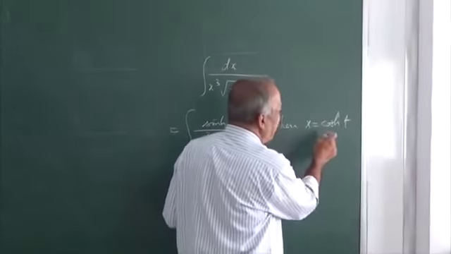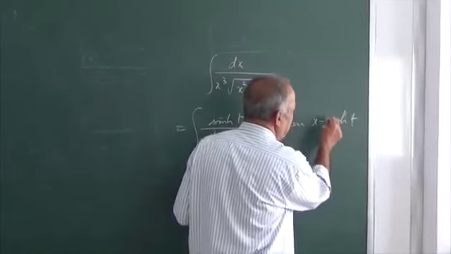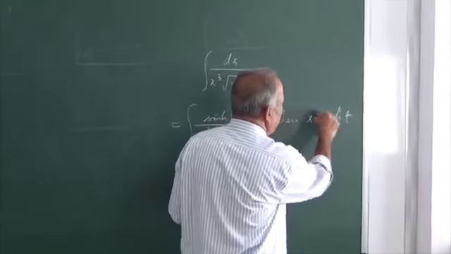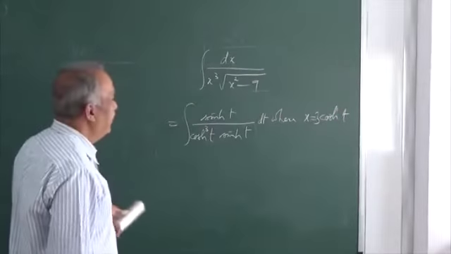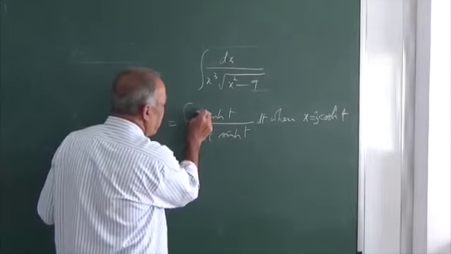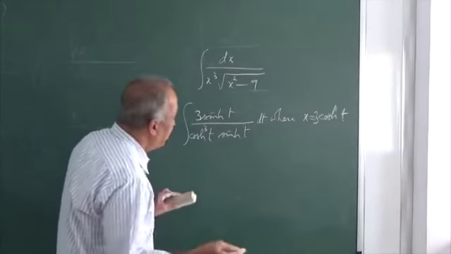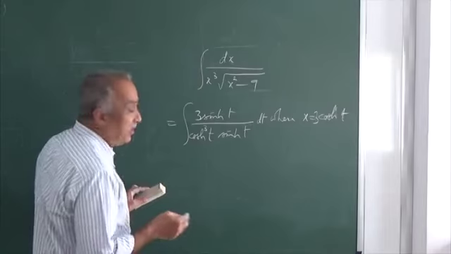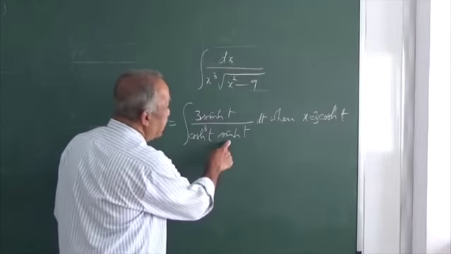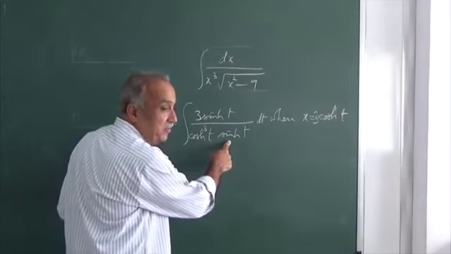Okay, our substitution was not x equal to cos ht, it was x equal to 3 cos ht. So our dx will be 3 sin ht dt. x cube will be 27 cos h cube t, and the root will be 3 sin ht.